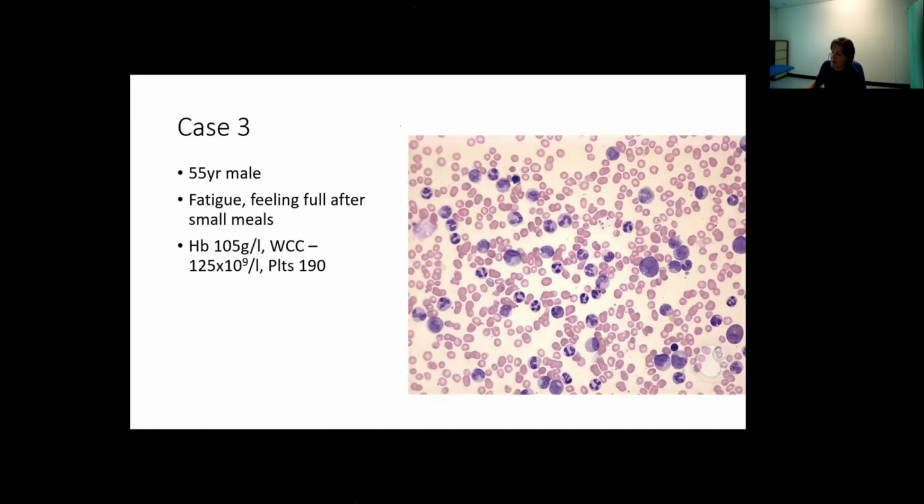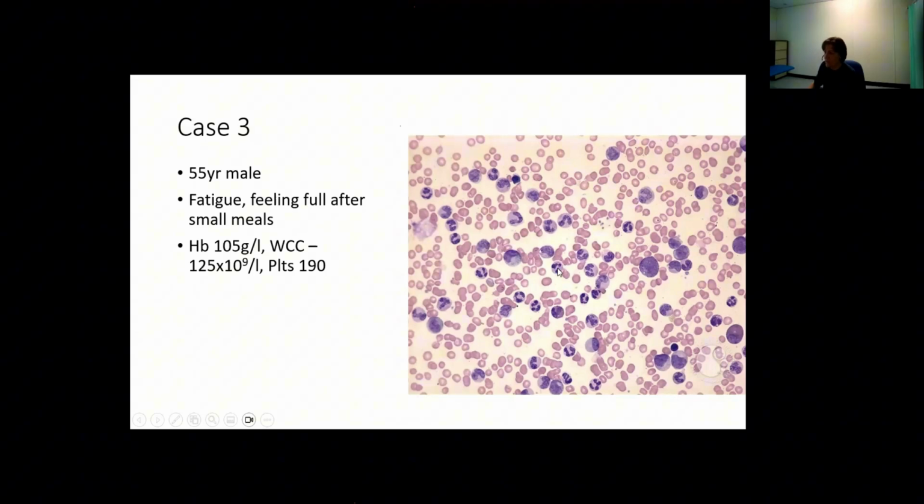When you have a look at the blood film, you can see that, looking down the microscope, everything looks slightly different. It's not all looking the same. This doesn't look like acute leukemia with lots of blasts that all look the same. But if you look down, most of the things you see are of myeloid origin, but there's lots of variation.